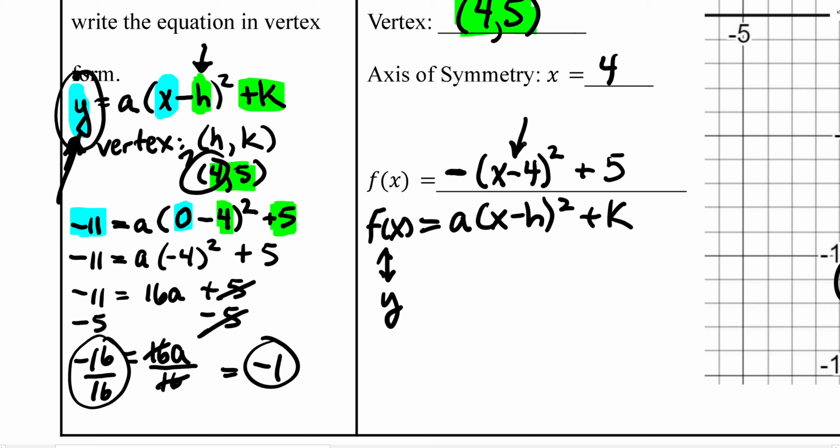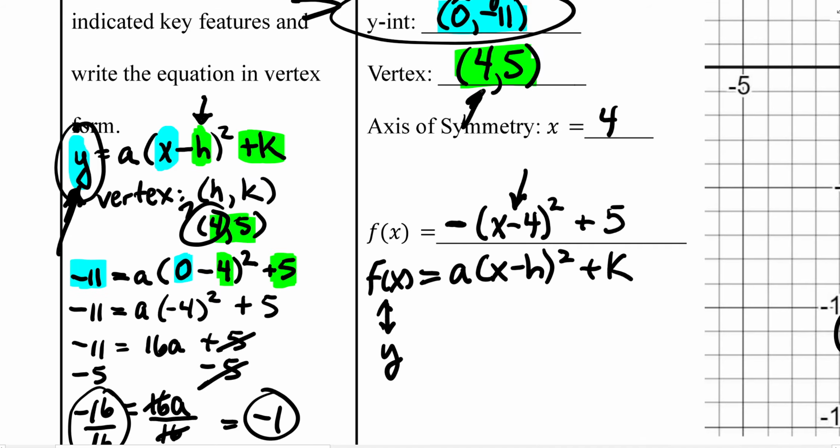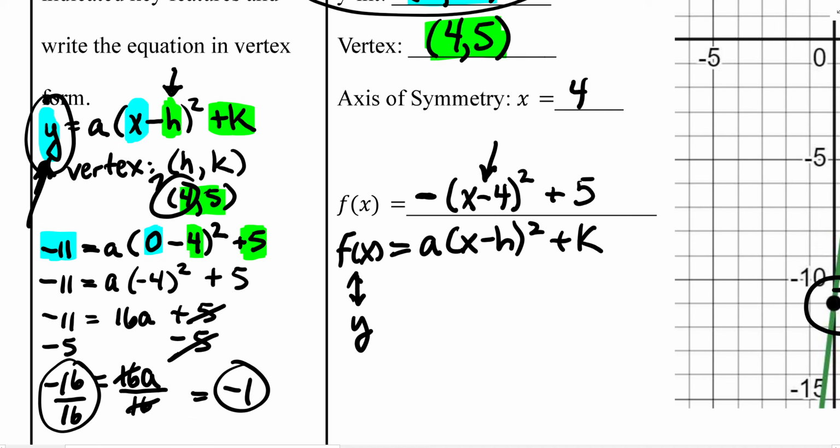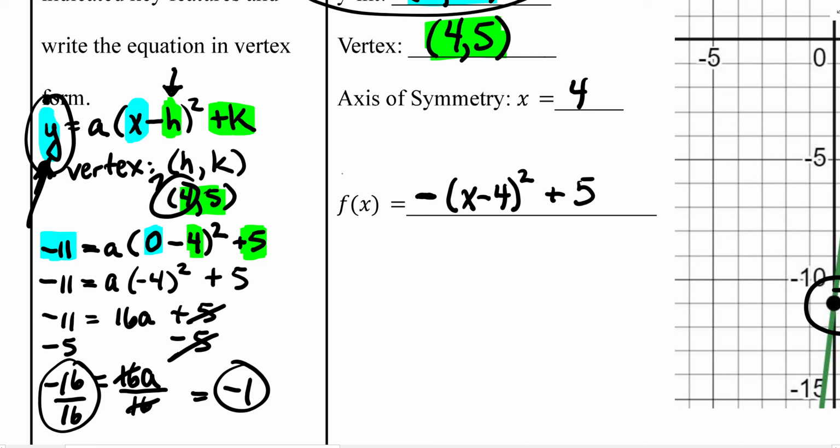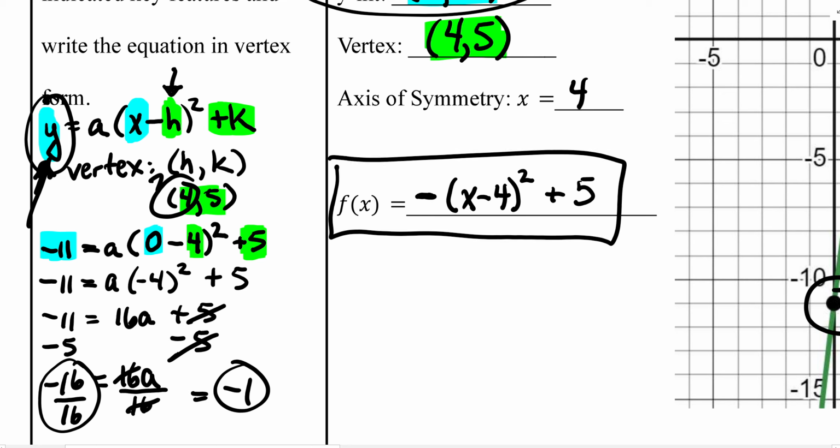Notice that the minus doesn't correspond to this 4, which is actually positive. It throws you off because it's x minus 4. But this is the equation in vertex form.